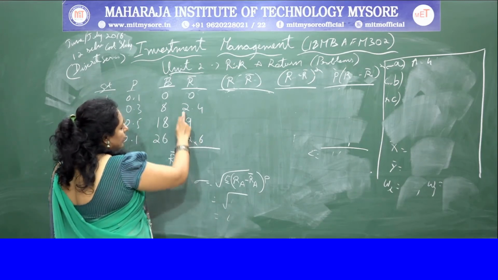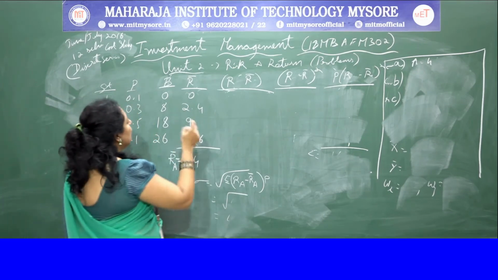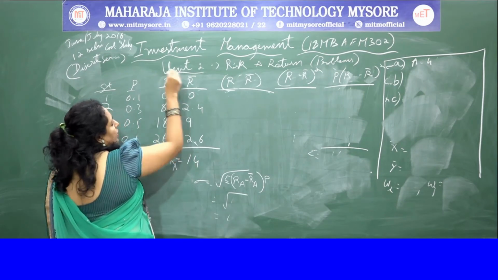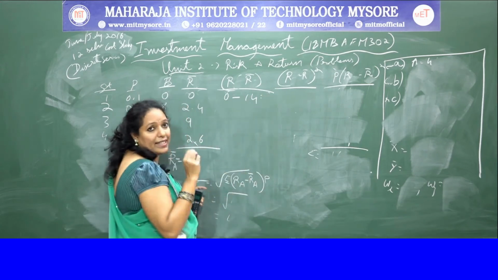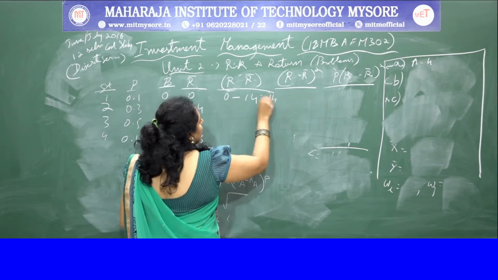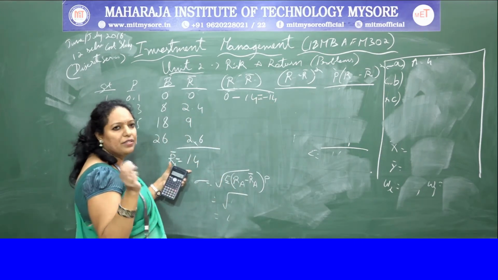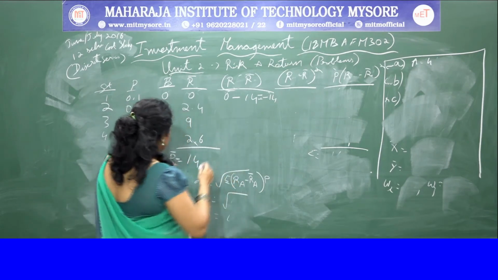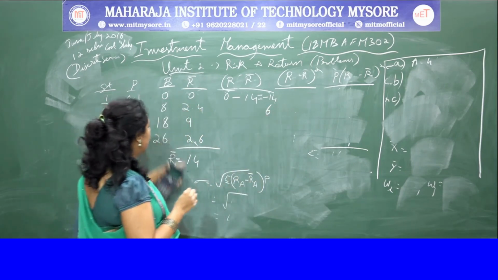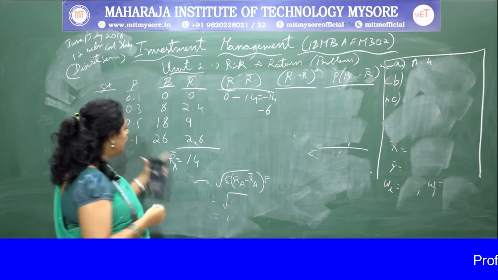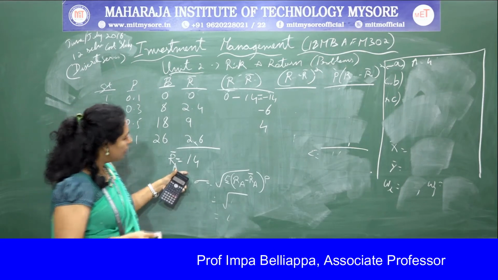So let's add: 9, 10, 11, 12, 13 and 14. 14 is R bar. So R minus R bar, this is R, and this is R bar. So 0 minus 14, you get minus 14. Then 8 minus 14, you get minus 6. Then you get 18 minus 14, you get 4. 26 minus 14, you get 12.